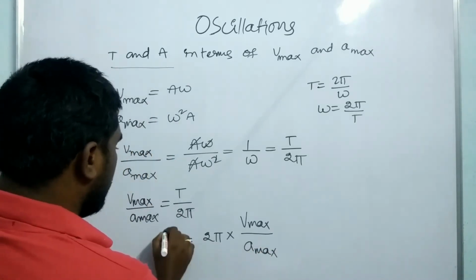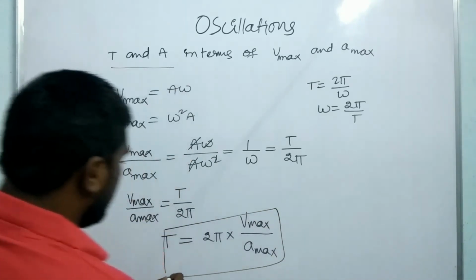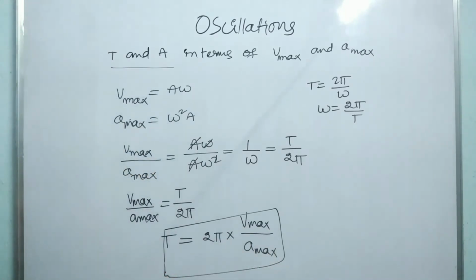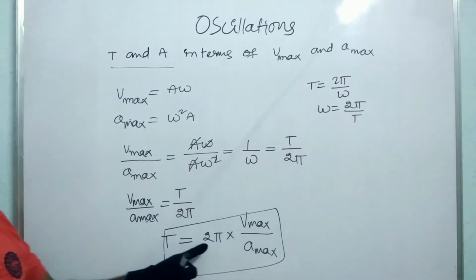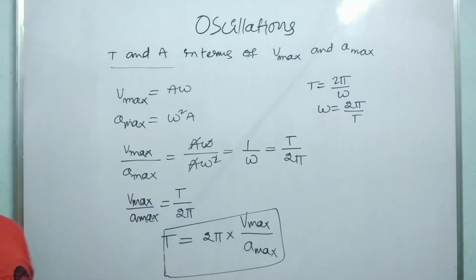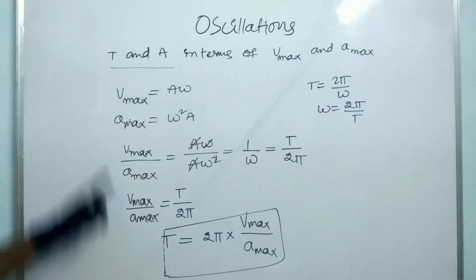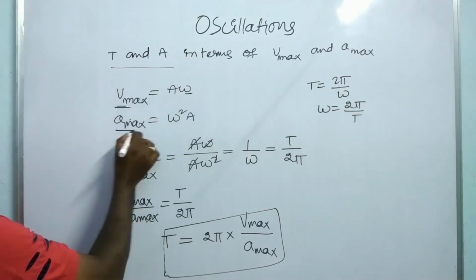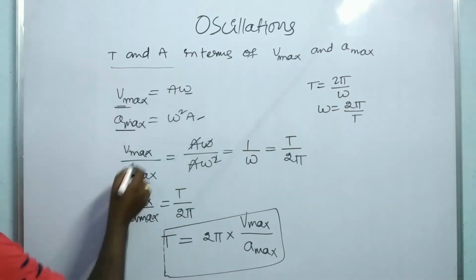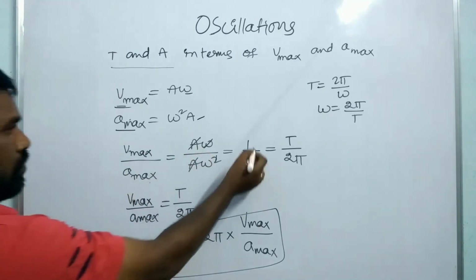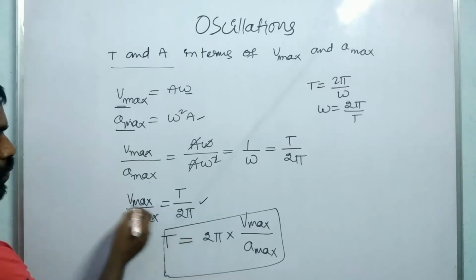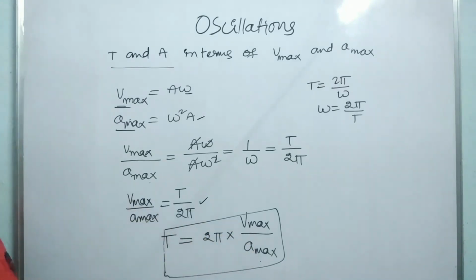This is the equation of the time period in terms of V maximum and A maximum. How can we get that? V maximum is equal to A omega, A maximum is equal to omega square A, V maximum by A maximum is equal to 1 by omega, which is T by 2 pi. So T will be 2 pi into V maximum by A maximum.